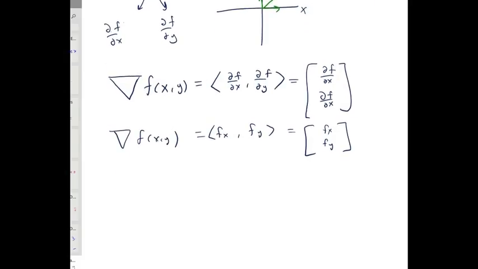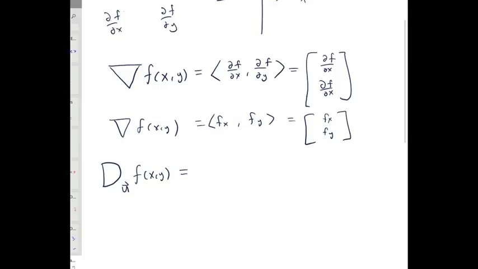So our directional derivative, and we call it D_u of f of x, y. This is going to be in any direction, this derivative, and this is going to be a scalar quantity.